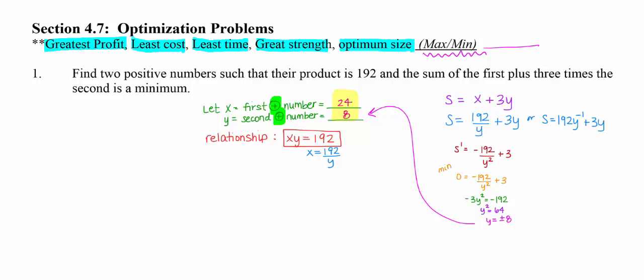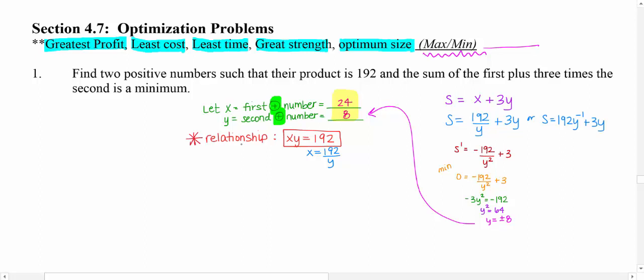So the first thing that I did was write a relationship between my two variables because, again, we're talking about single variable calculus examples. So you want one variable in and one variable out. Right now I have two variables that I'm talking about how they change, and I can only have one.